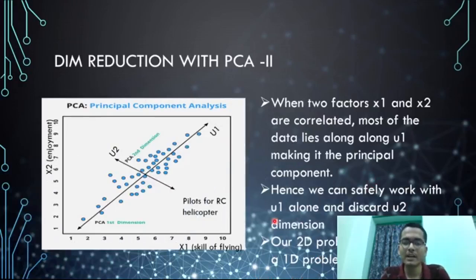We are plotting, let's say, two factors x and y on the graph. Let x be the skill of flying an RC remote control helicopter, and you know that RC helicopters are not too easy to fly, and it is not very obvious like toys.